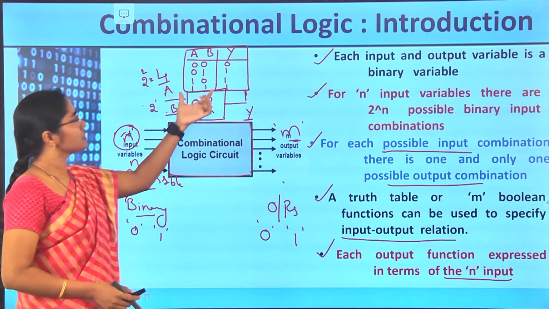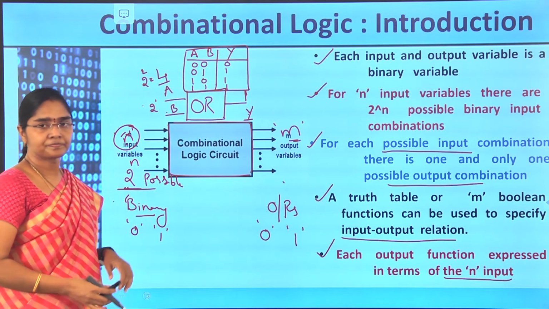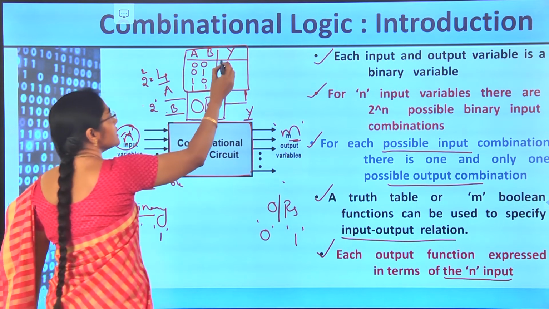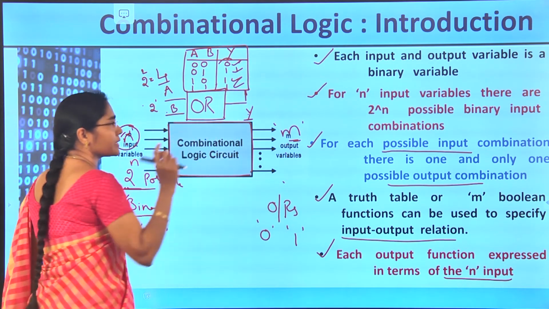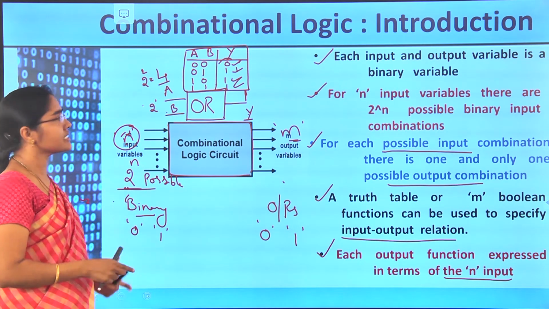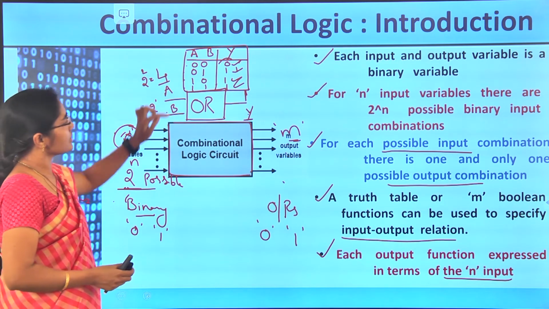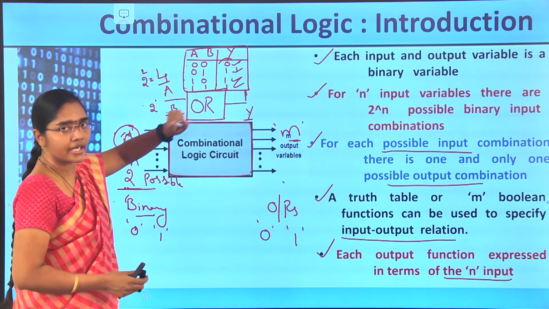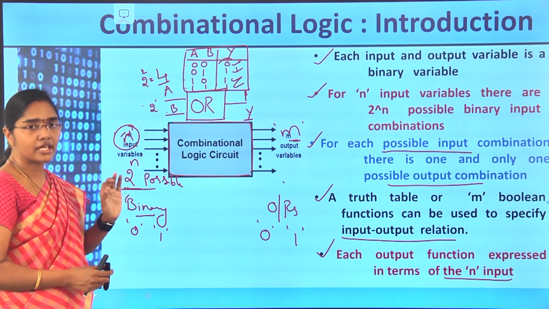The truth table represents the relation between inputs and output. Here we have only one output, and it changes its value across the 4 input combinations.